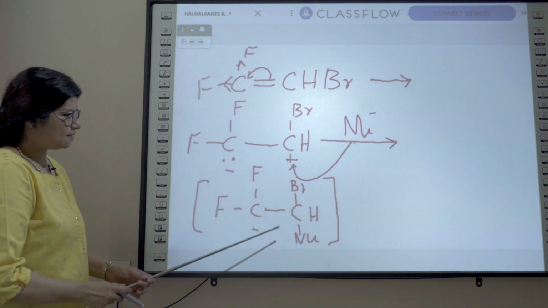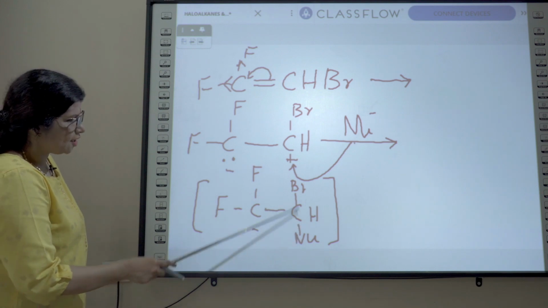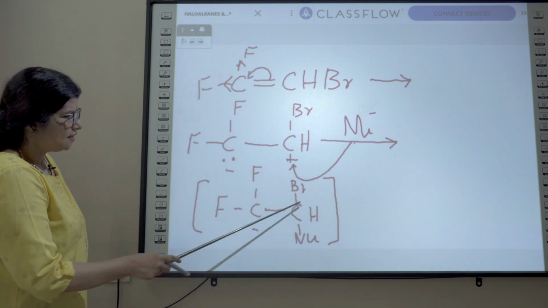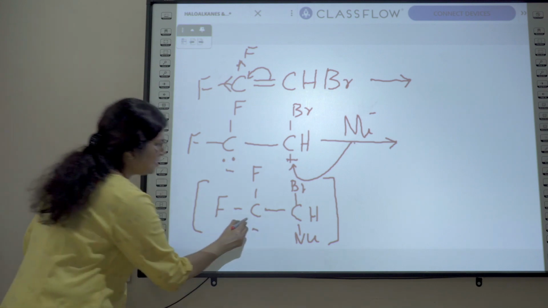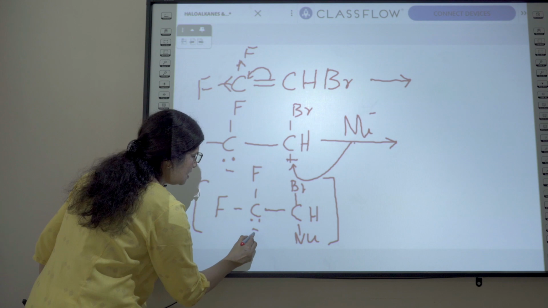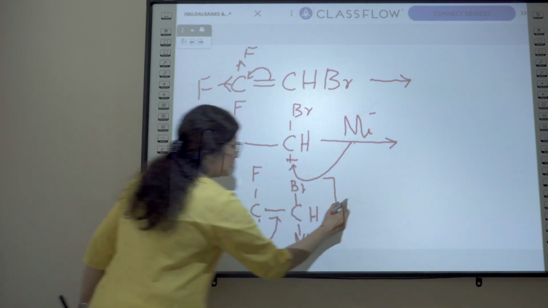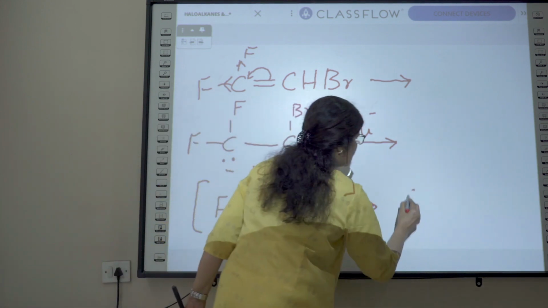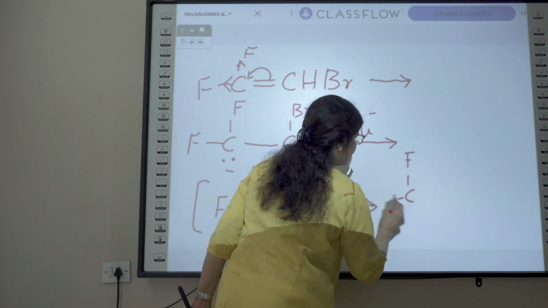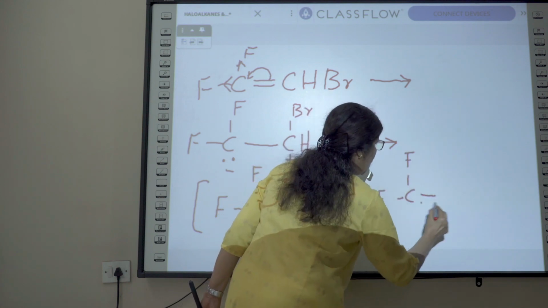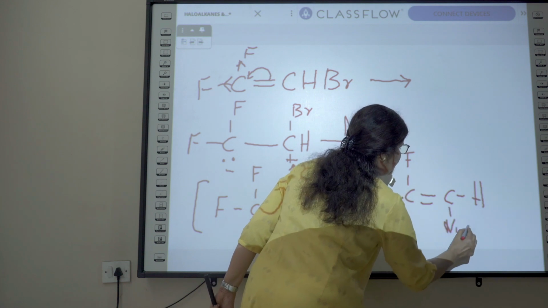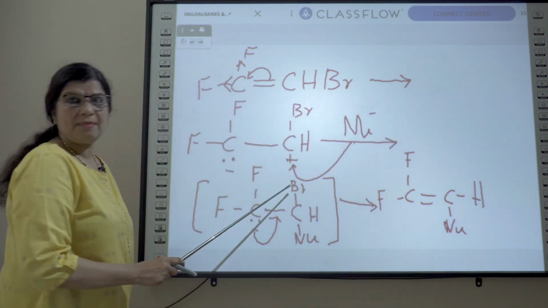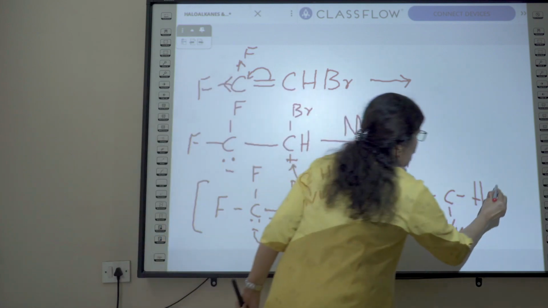You get this intermediate, and the final step would be the loss of the bromide ion, with the two electrons here restoring the double bond: CF2 double bond CH, nucleophile, plus Br minus. The Br minus is lost.